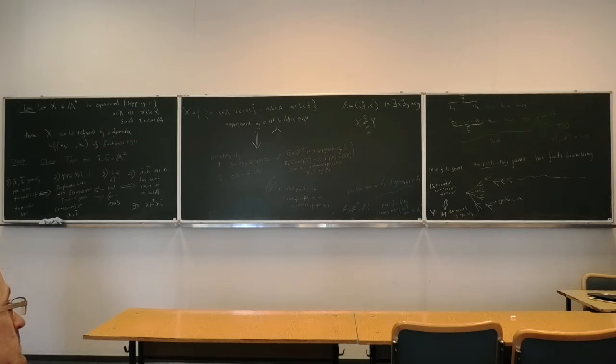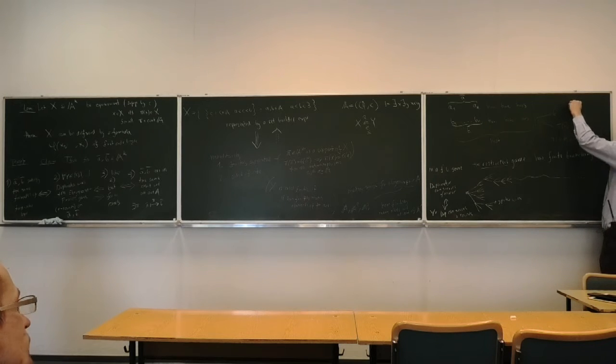Now what I claim is that spoiler has a winning strategy with this move if and only if spoiler has a winning strategy with the other move. To prove this, it's just unfolding the definitions. Suppose that spoiler has a winning strategy here.